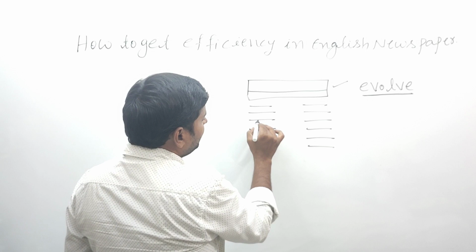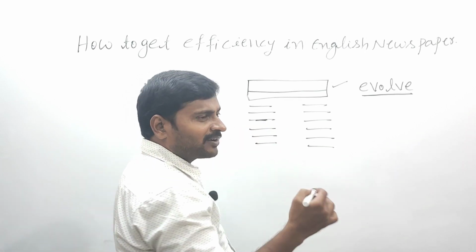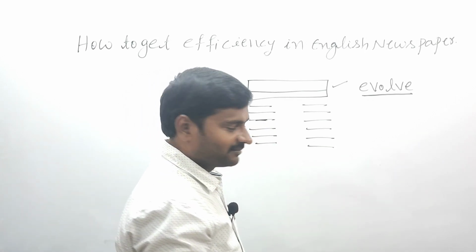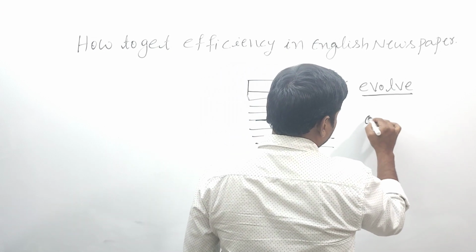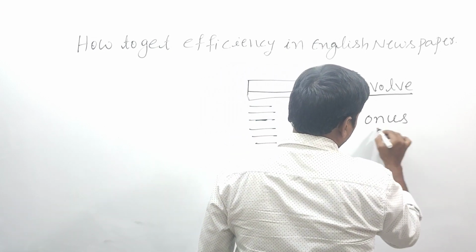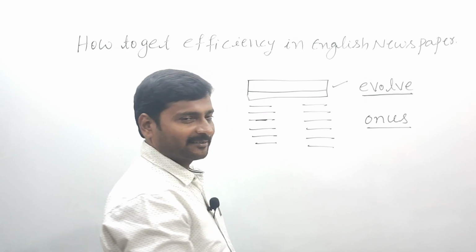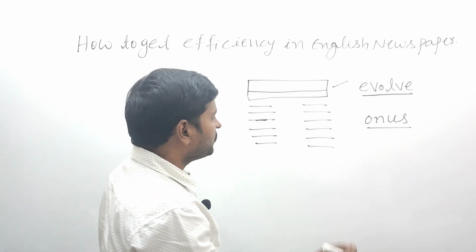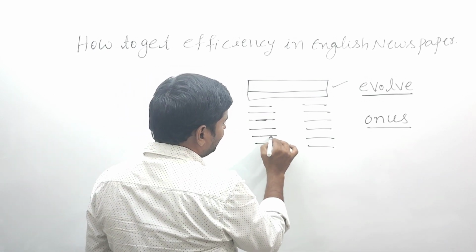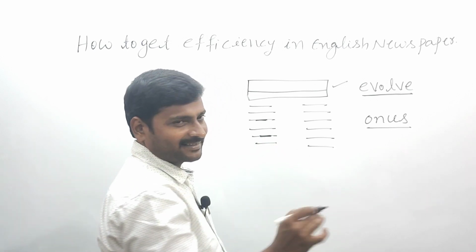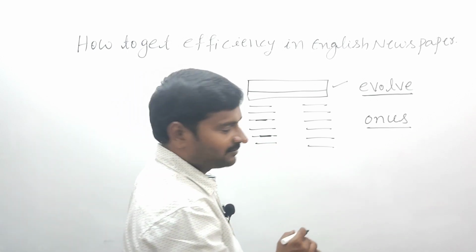In the third line, you don't understand one more word. You simply underline it. Again, you don't understand one more word in the fifth line.